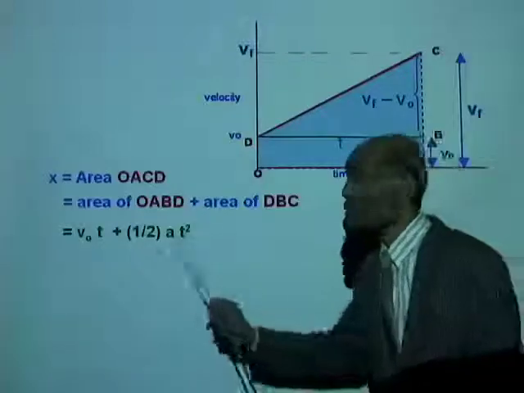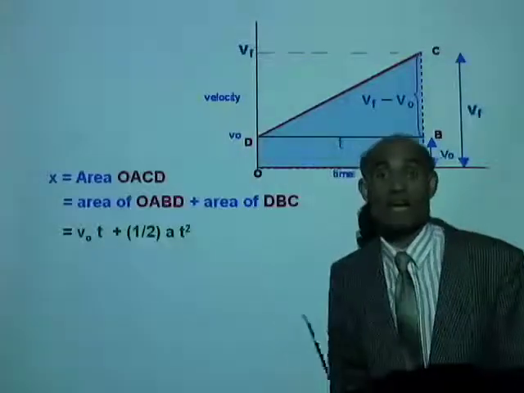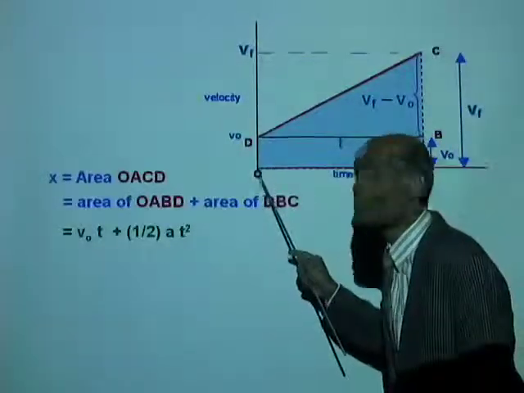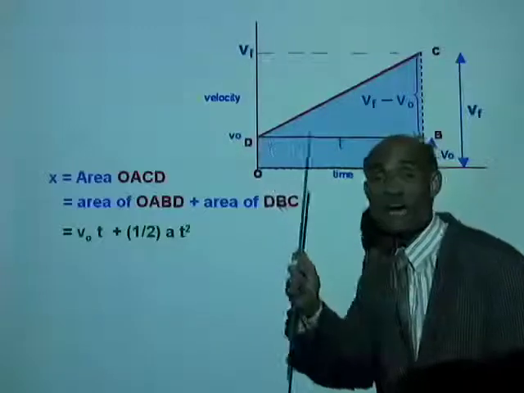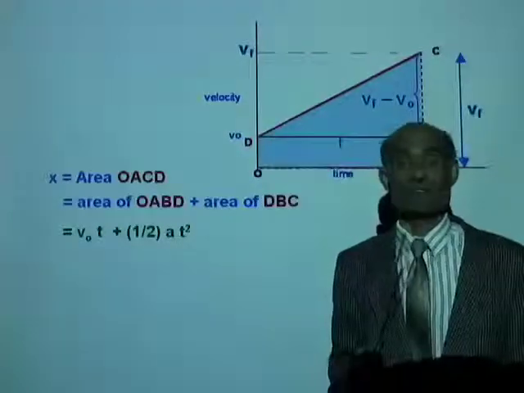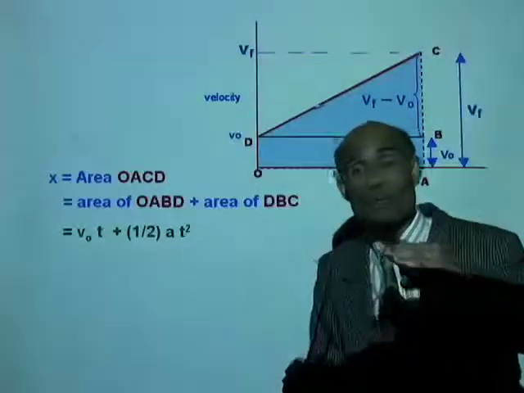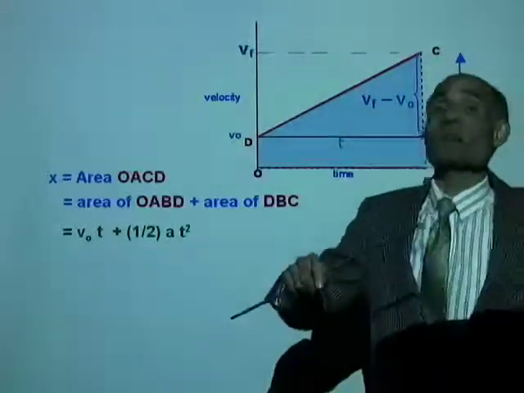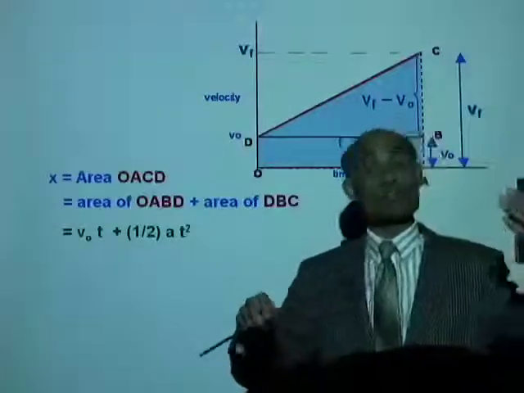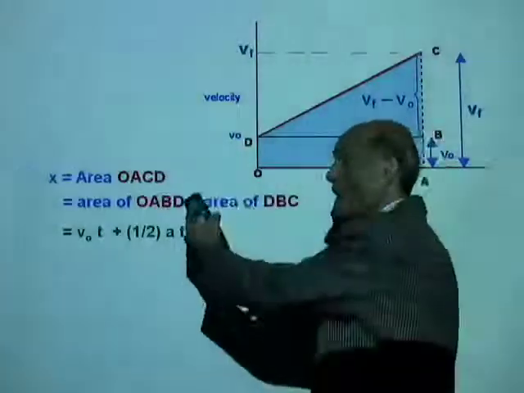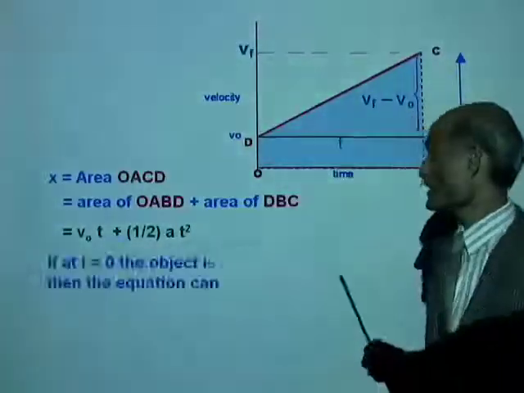Well, this equation we got assuming that at t equal to 0, the particle is at the origin. If at t equal to 0 the particle is at some other position called x0, then you need to add that to this.